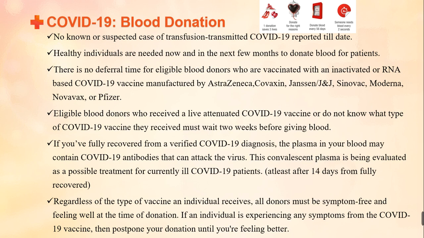So you can donate your plasma so that it will be used for saving other COVID-19 patients. There are many patients in the ICU who need blood or plasma. So if you are a fully recovered patient, you don't have any symptoms and you are physically healthy, you should go for donating your blood and plasma, because this can save another life.